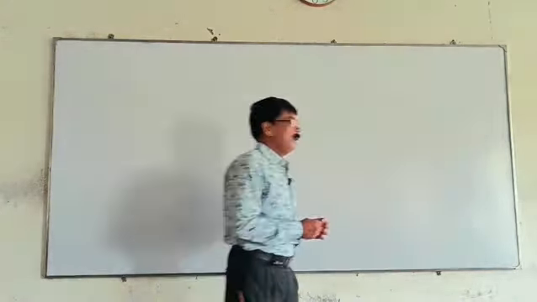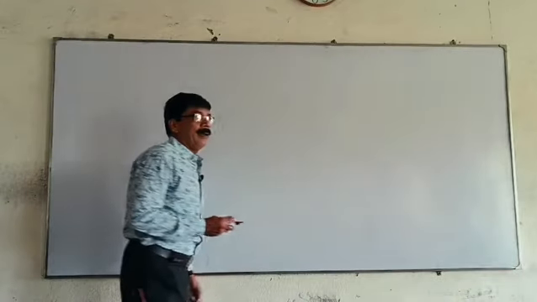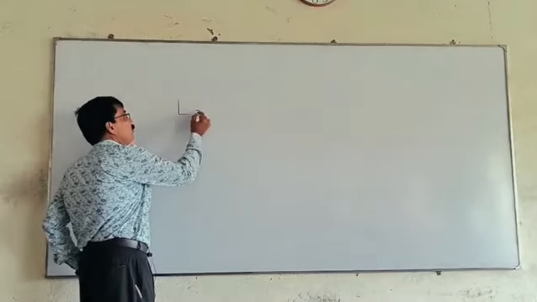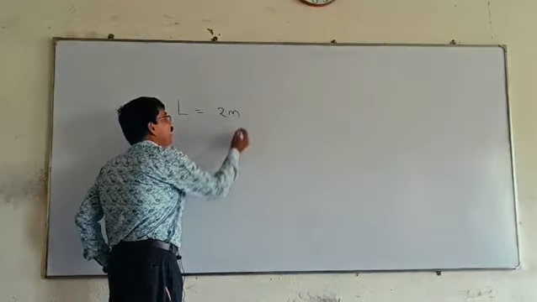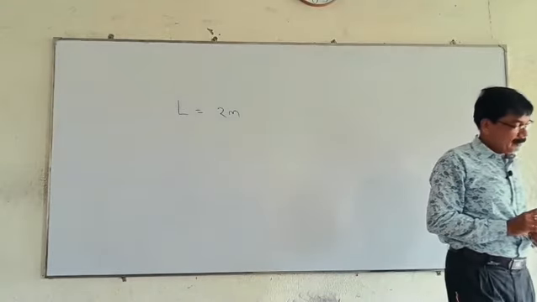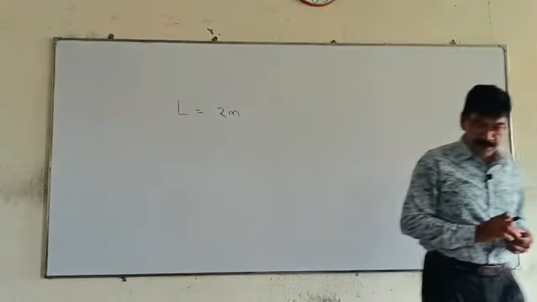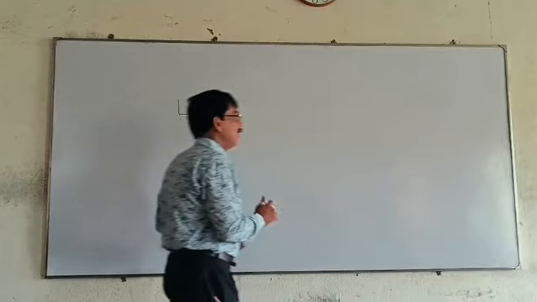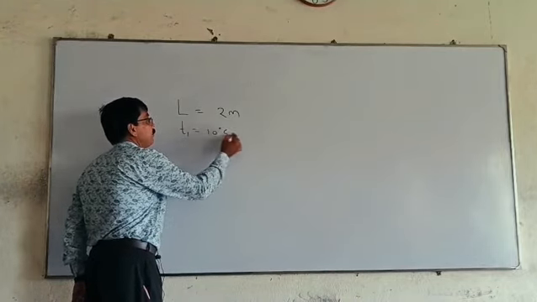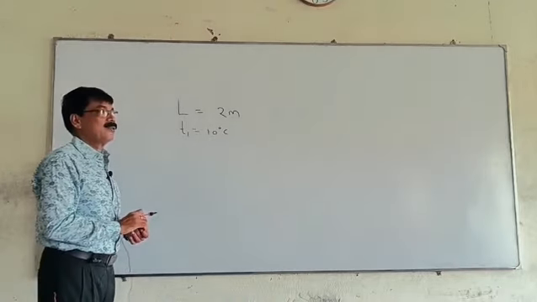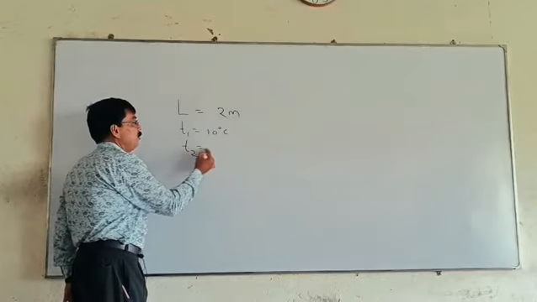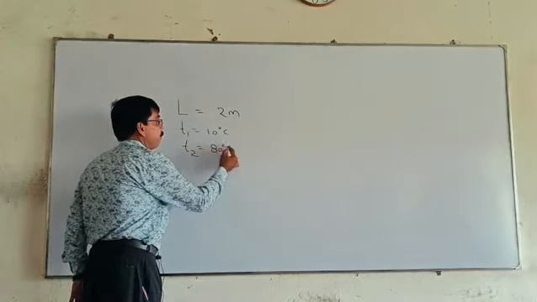The data given: the original length of the member, L, is 2 meter. The initial temperature T1 is 10 degrees centigrade, and the temperature rises to 80 degrees centigrade, that is, the final temperature T2 is 80 degrees centigrade.